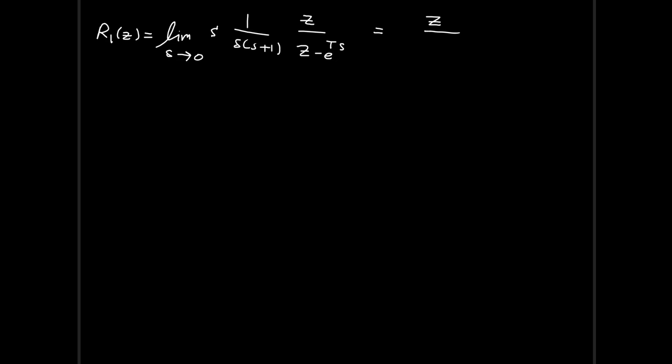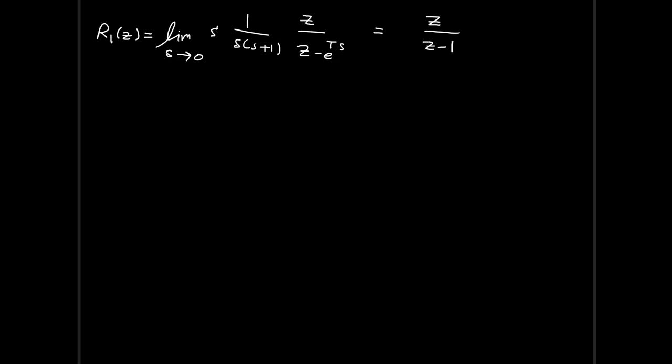So R1 of Z will equal the limit when S goes to the root, which is 0, of the root multiplied by the function itself, 1 over S(S plus 1), times Z over Z minus exponential of TS, and if I evaluate, this will equal Z over Z minus 1.